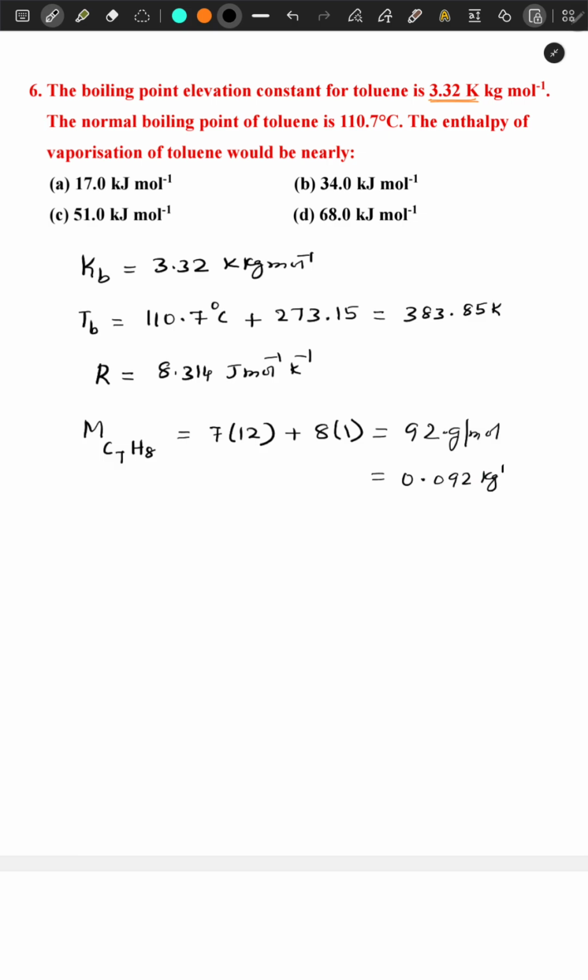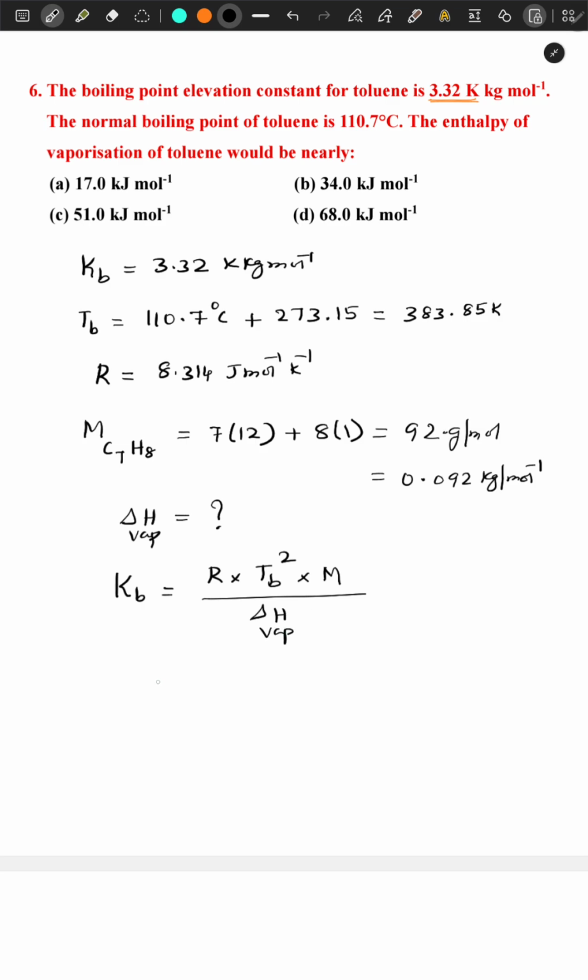So in kg it will be 0.092 kg per mole. Now what they are asking here is the enthalpy of vaporization. Enthalpy of vaporization is represented by the symbol delta H VAP. So we have to find out the enthalpy of vaporization. In the NCERT textbook they have given the direct formula to calculate it. Using the Kb value, Kb is equal to R into Tb square into molar mass divided by the enthalpy of vaporization.